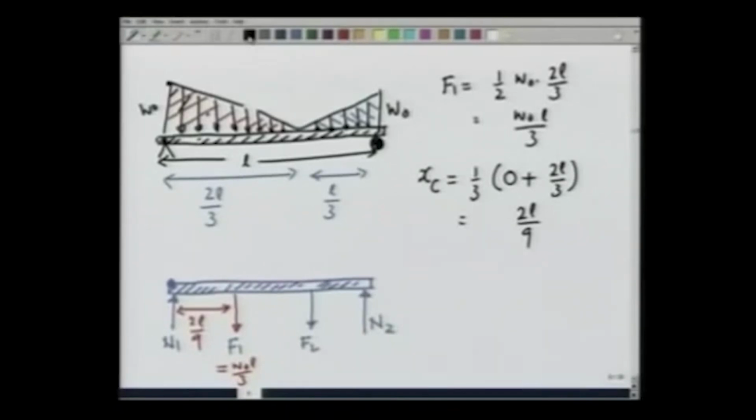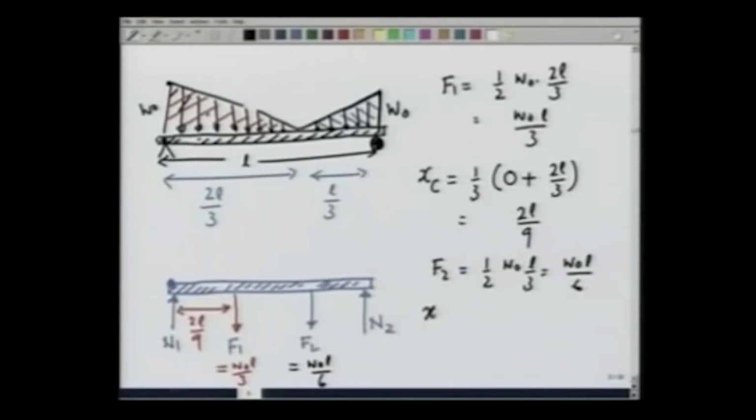Similarly, for the other triangle, the force F2 is going to be the area of that triangle, which is 1/2 W naught L by 3, which is W naught L by 6. This force acts at the centroid of the right hand triangle.